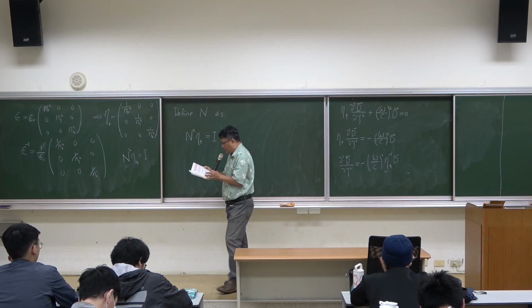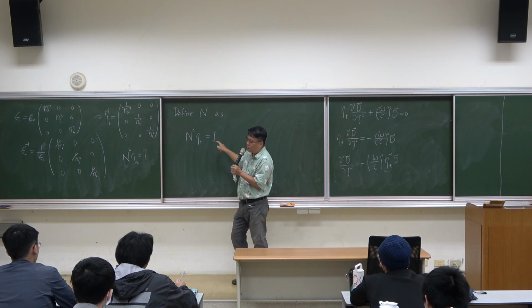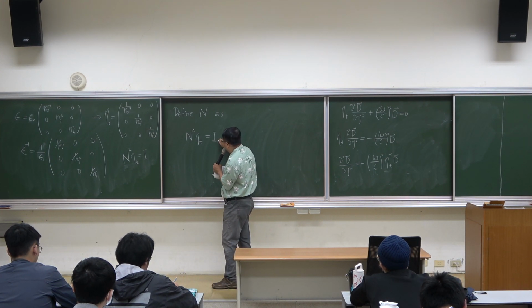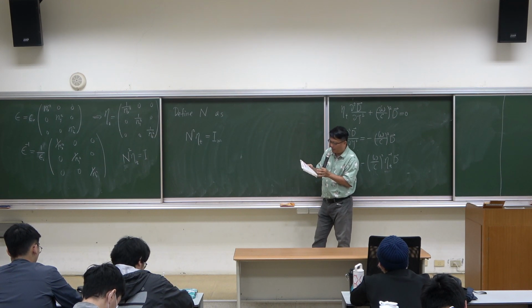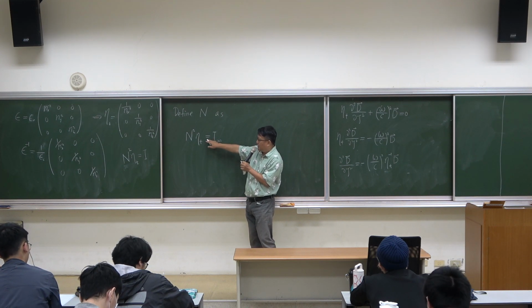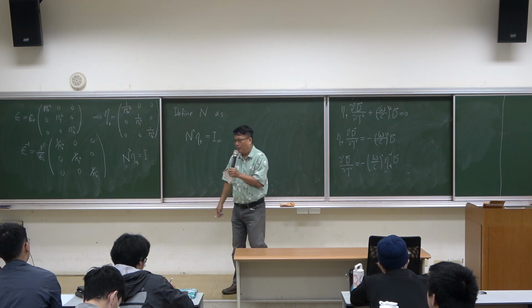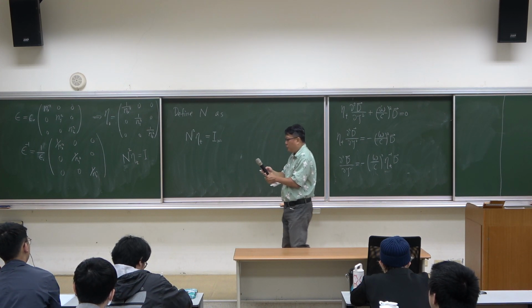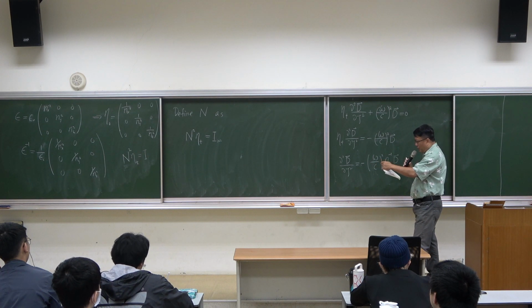The textbook formula 4.12 writing the right-hand side as 1 is incorrect, because it should be the 2 by 2 unit matrix. The textbook formula is incorrect. The right-hand side of this equality is a matrix, a 2 by 2 unit matrix, not 1.